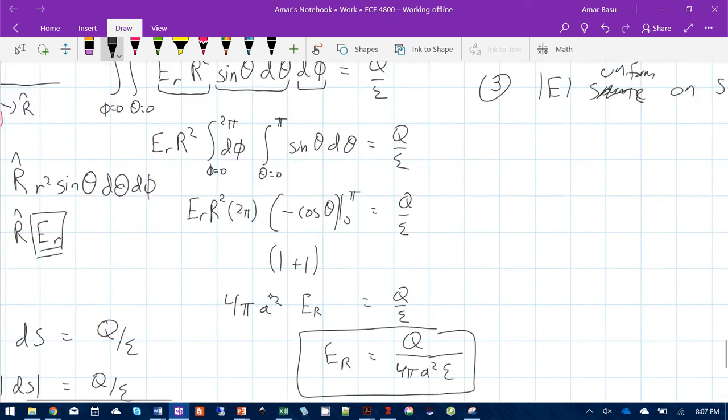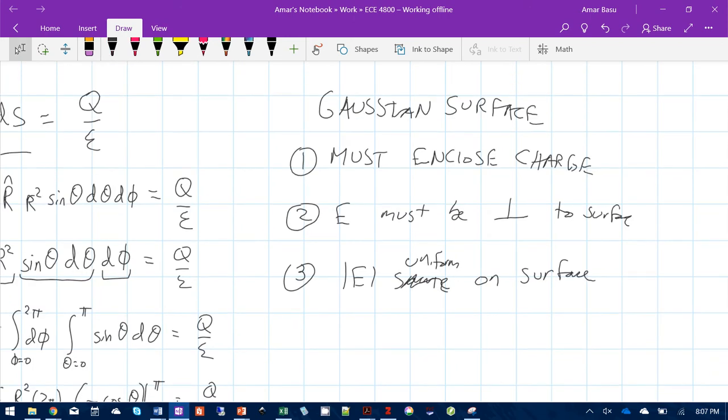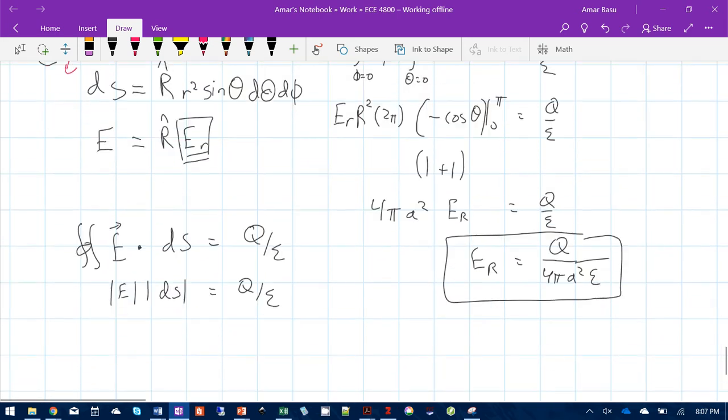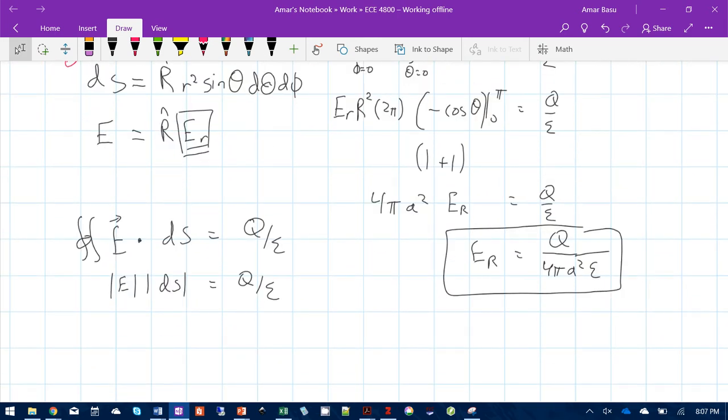That's one of the shortcuts. When we take a Gaussian surface here, if E is perpendicular to the surface, then this E dot ds business becomes very simple. It's just the magnitude of E times the magnitude of ds.